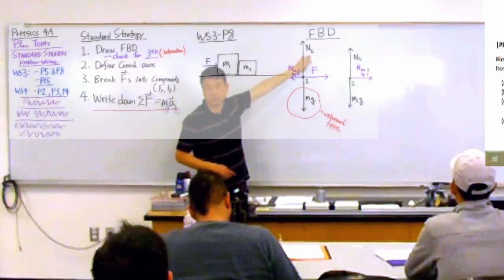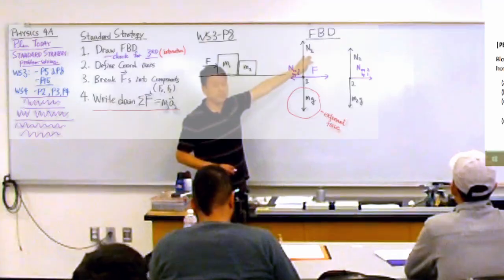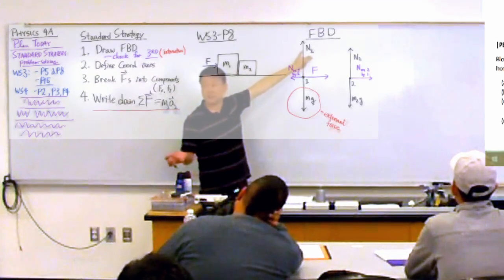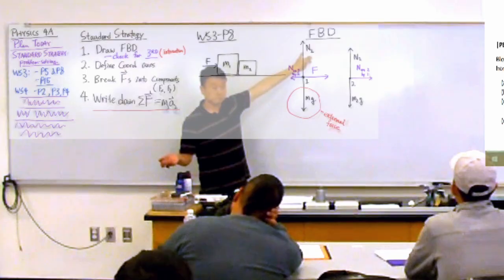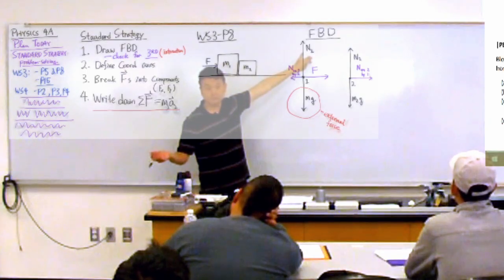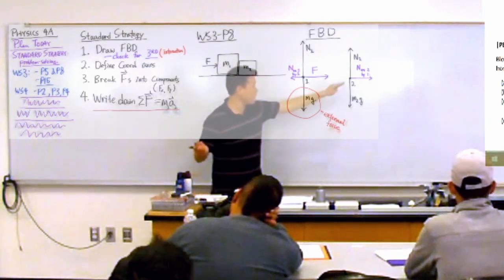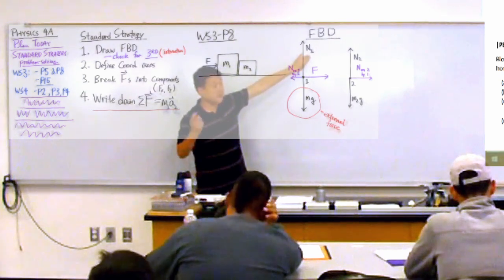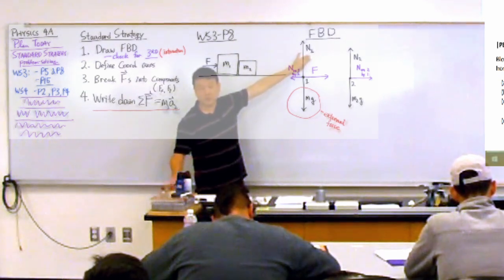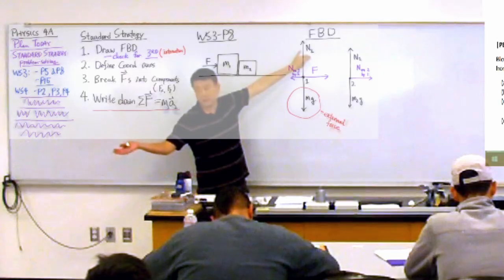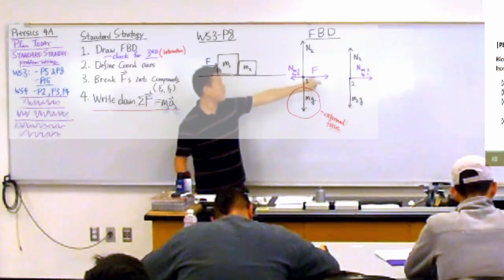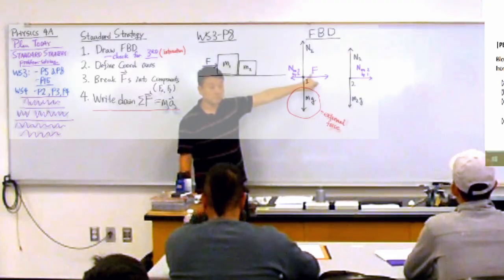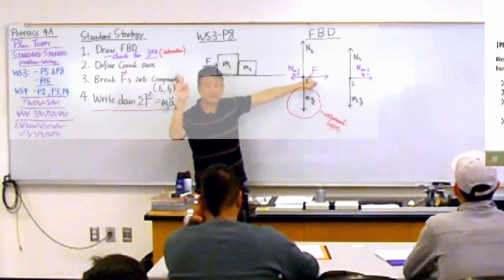What's exerting the normal force? The table. Is this an external force, or the other version, internal? Is the table outside my system? Yes, my system is M1 and M2, that's it. So this is an external force. Once again, that means I don't need to identify the reaction force. It's going to be on the table, but I'm not drawing a free body diagram for the table anyway. What about the applied force F? It's my hand. Is my hand in the system?